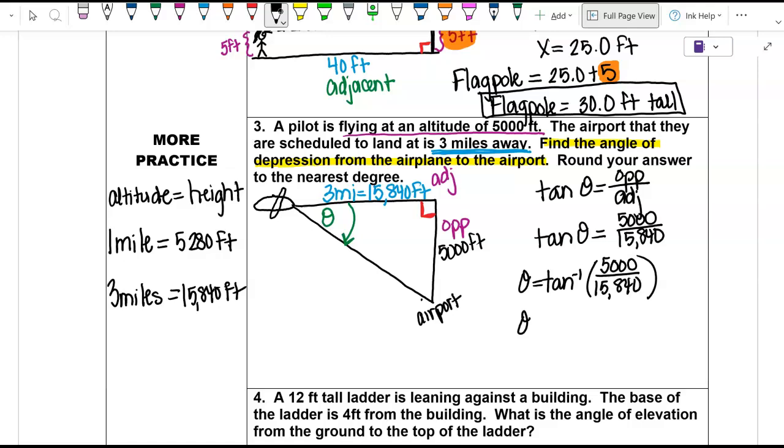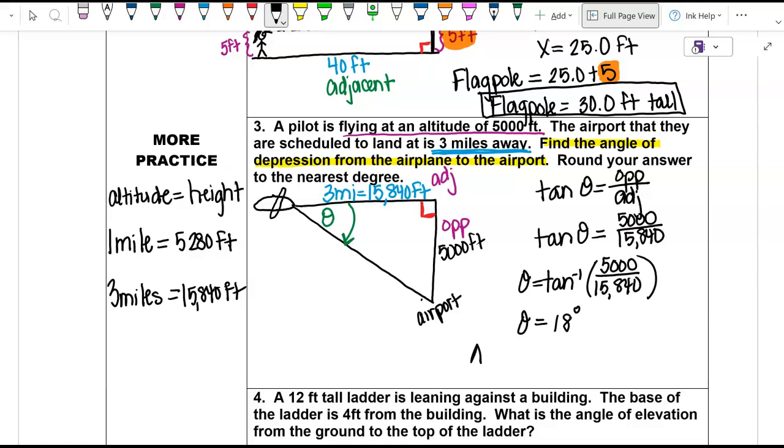And again, we're rounding to the nearest whole degree, so what would be the degree of that angle? What is it? All right, so what are we getting for the measure of this angle? 18 degrees. Now again, remember these are word problems, so we should be answering.